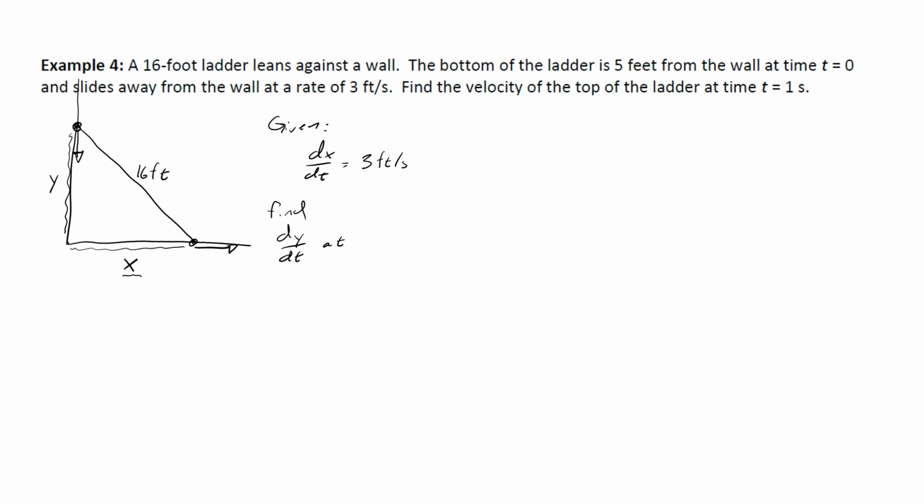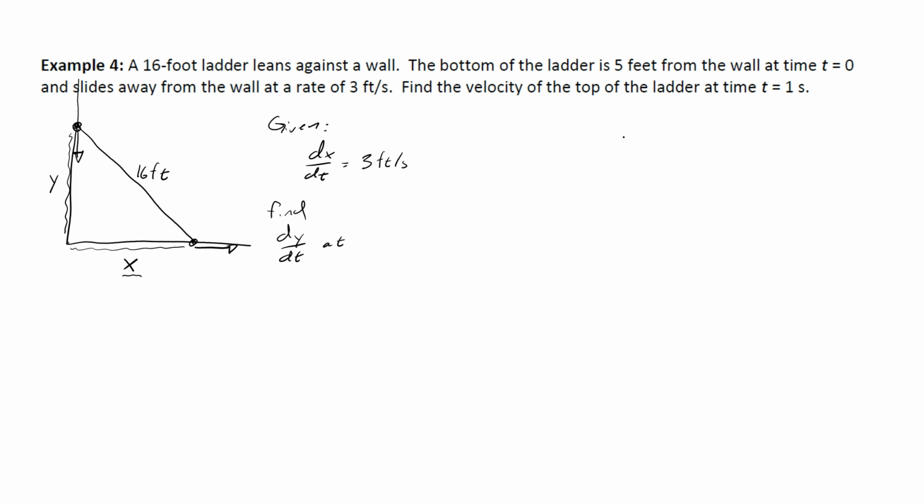That's kind of the confusing part. Because it's telling me at a time, but I don't have any knowledge of the relationship between time and distance. So what we do is you rely on the initial condition.